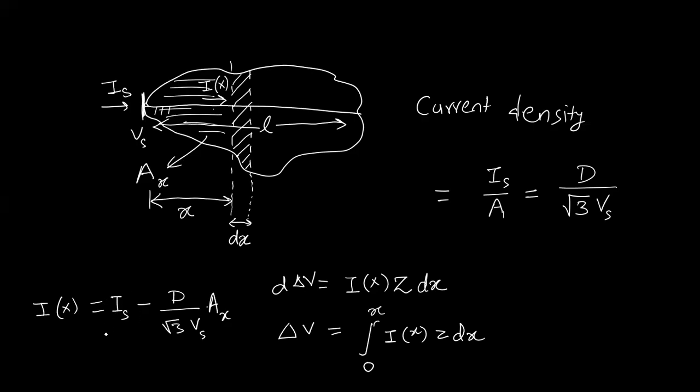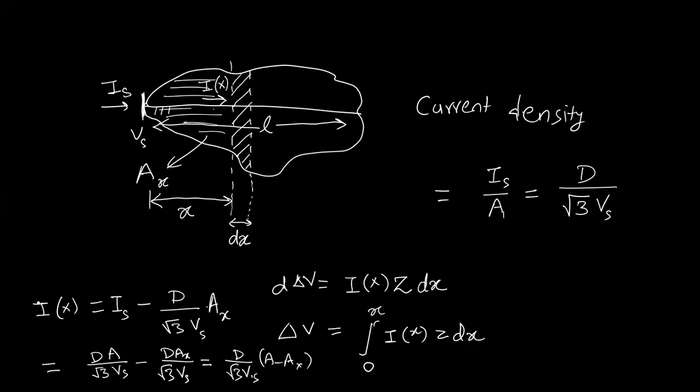Is we know already: Is is basically D times A by root 3 Vs, minus here we have D Ax by root 3 Vs. So that gives simply D by root 3 Vs times A minus Ax.